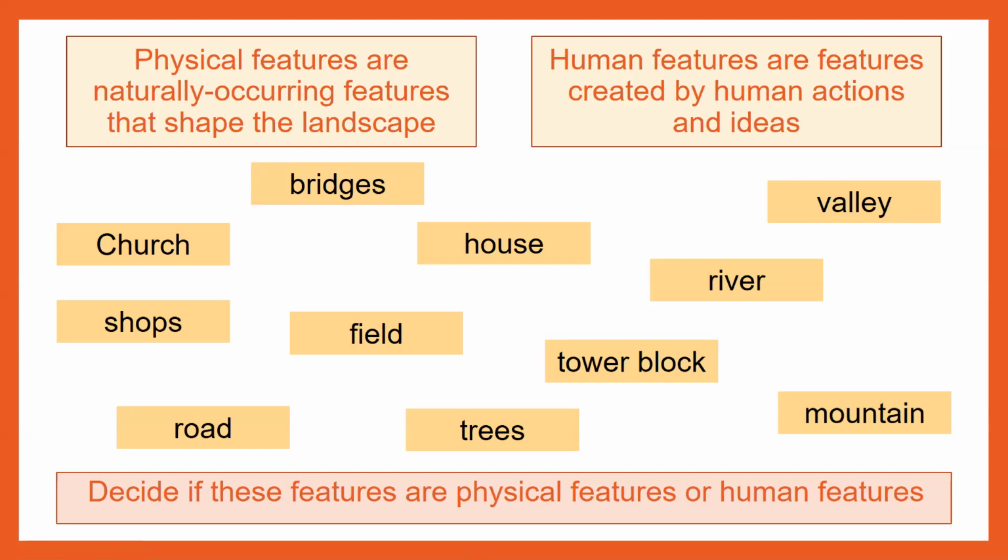We need to sort these into whether they are physical features, naturally occurring features that shape the landscape, or human features, things created by human actions and ideas. Pause the video and see if you can sort them into the correct column.